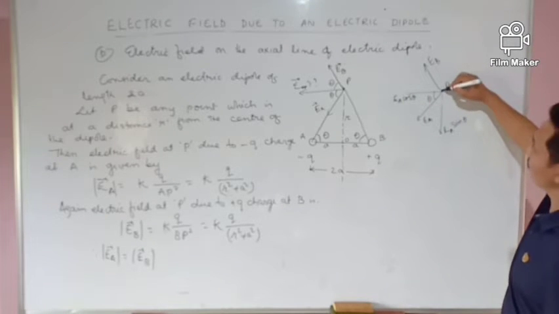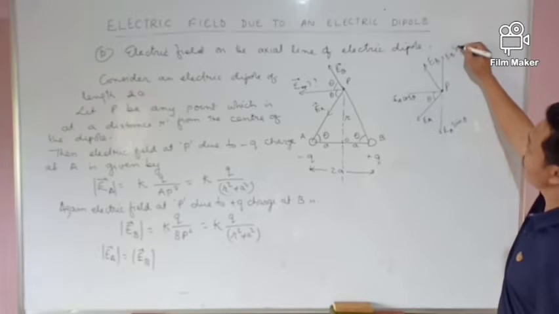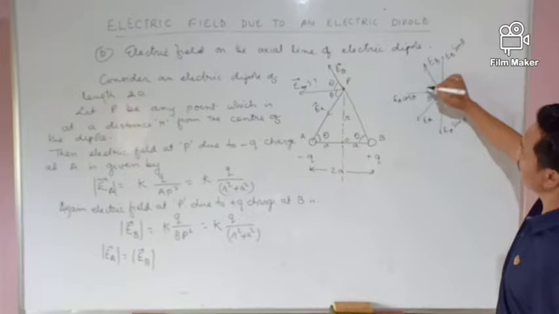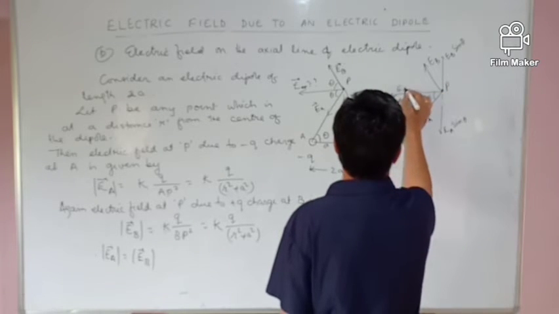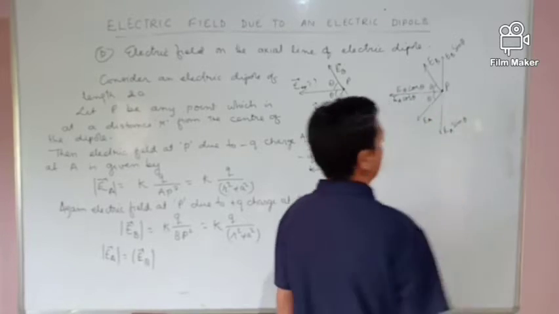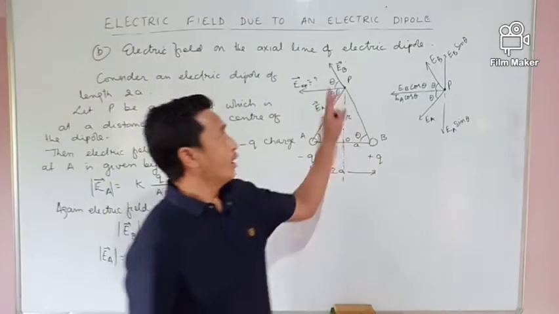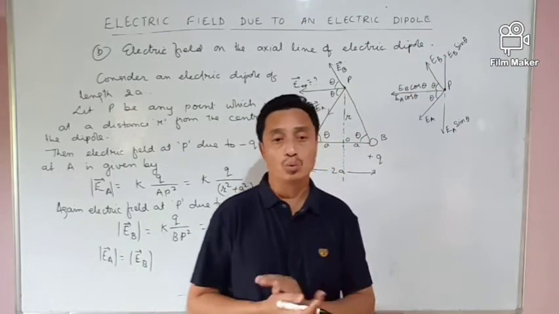Similarly, EB can also be resolved into two components, EB sine theta and, along this, EB cos theta, as this angle is theta. Now at this point P, we resolve EA and EB into two rectangular components.